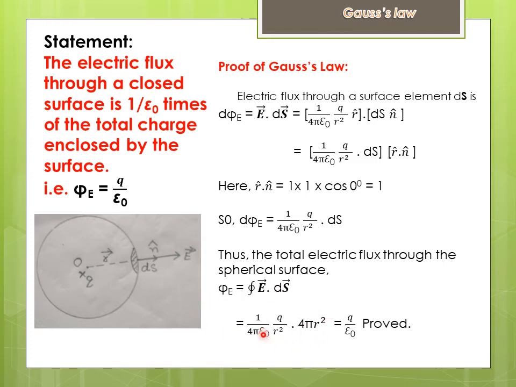Here the 4 pi r square and this 4 pi r square cancel each other, so the leftover term is q by epsilon naught, and it is the Gauss law.